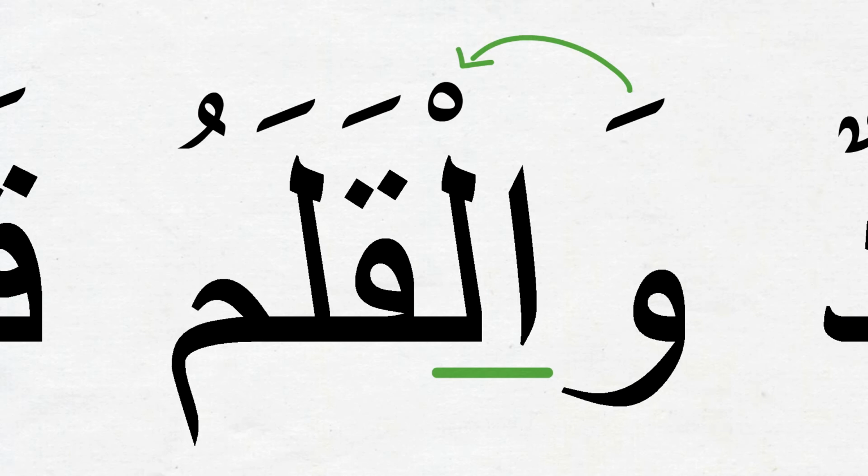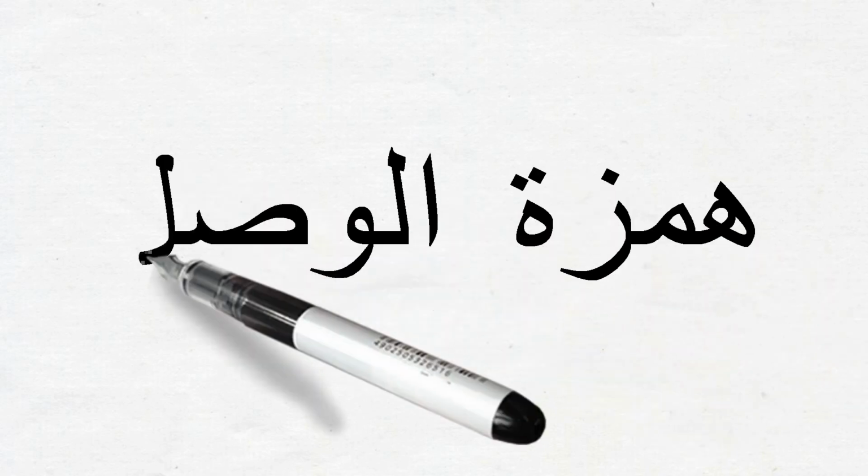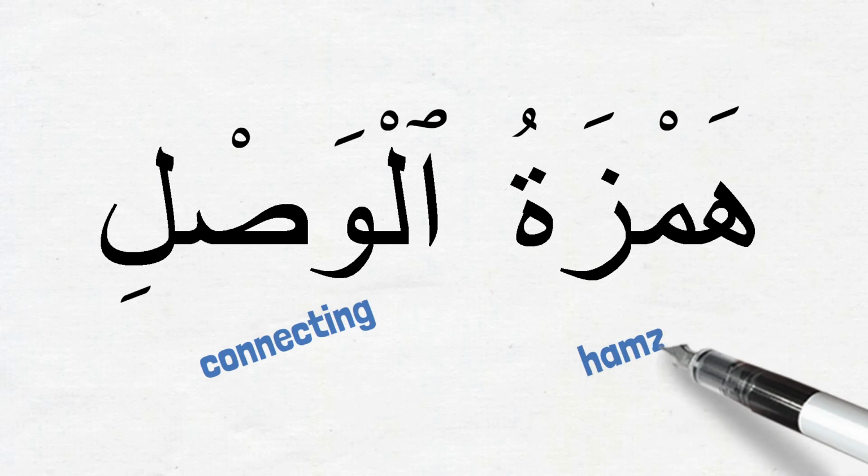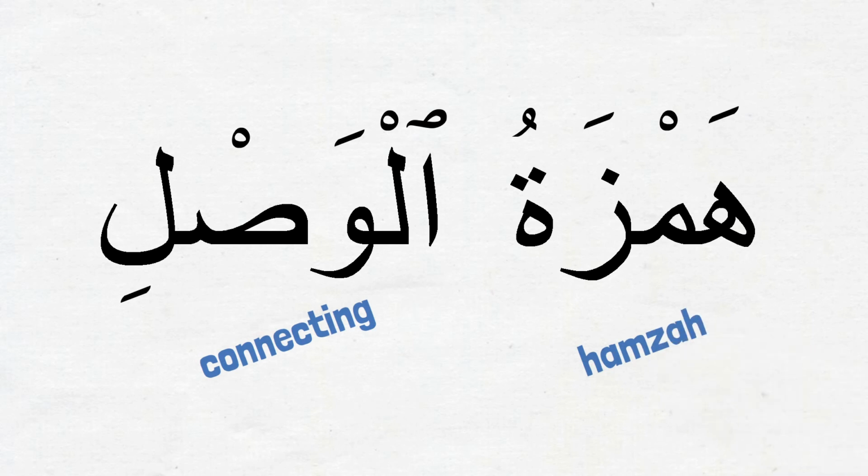We combine them by dropping the a sound of the prefix al. To indicate such omission in pronunciation, a special sign is placed on top of alif. We call this sign a hamzatul wasl. Let me write it down for you. Hamzatul wasl, which means connecting hamza, because it is connecting two words together.